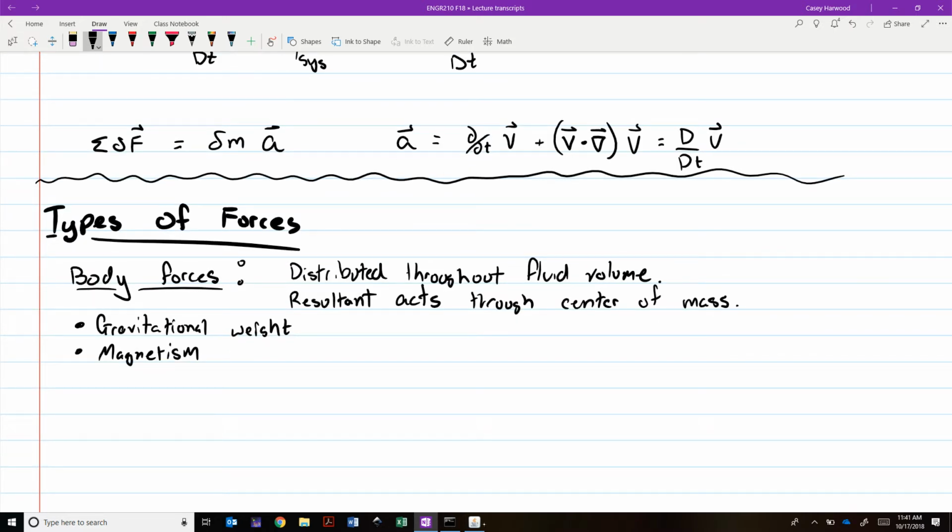And there are a few other examples. For example, the virtual force due to centripetal acceleration, or the centripetal force, is another example of a body force. But as a general rule, the only one we are really going to worry about in this course is gravitational weight.